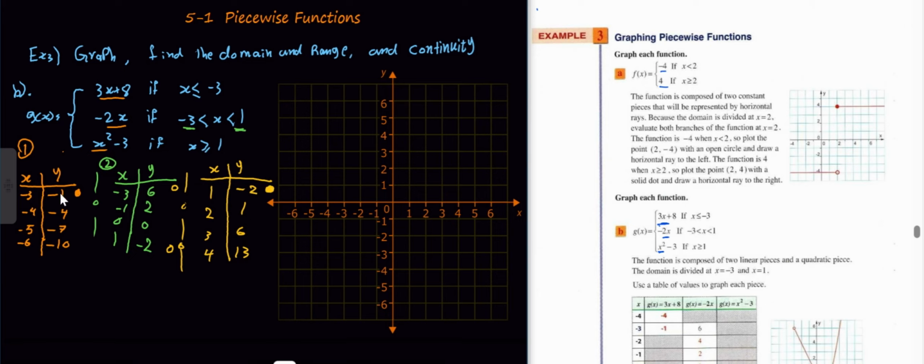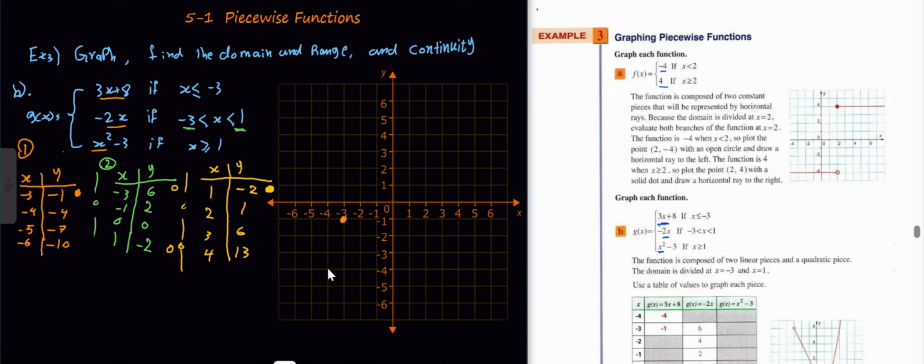For graphing the first one, we just have to plot the points. We have negative 3 with negative 1, which is here, and we are going to fill the circle. Here we have negative 4 with negative 4.